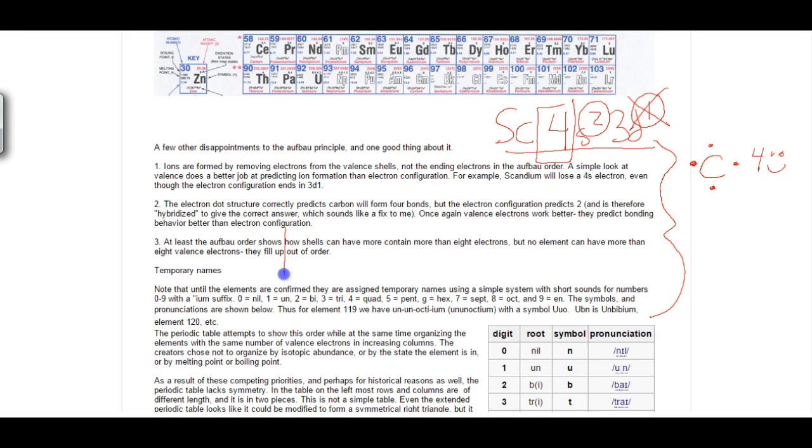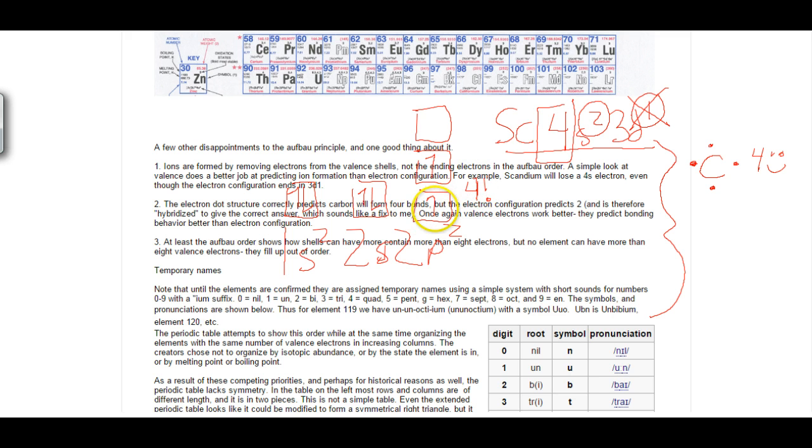For carbon, it's 1s2, 2s2, 2p2, one box for the s's. Everything's filled up. Opposite spins. Draw all three boxes for p, since it can hold 6 electrons. Spread them out. You would think it would form 2 bonds, but in fact it forms 4 bonds, not 2.